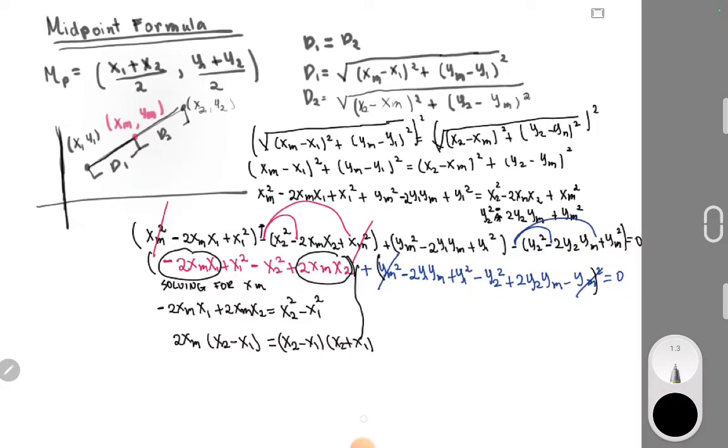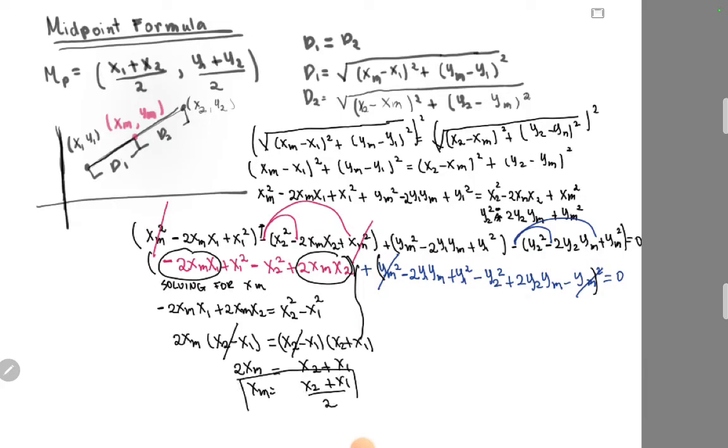So you will see that we could cancel out x2 minus x1 because that is equal to 1. So the remaining term will be 2xm is equal to x2 plus x1, so xm is equal to x2 plus x1 all over 2. This is for our point xm.